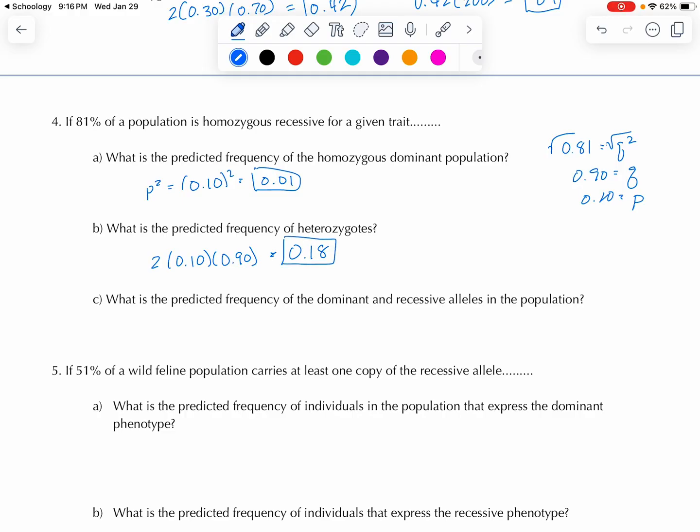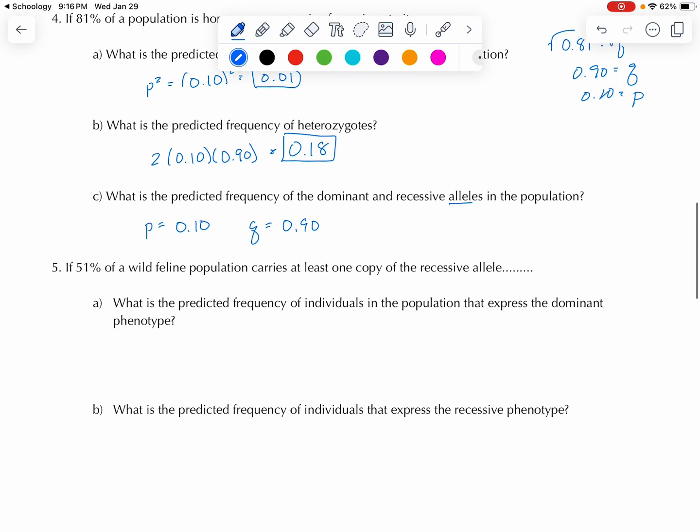And then what's the predicted frequency of the dominant and recessive alleles in the population? So dominant and recessive alleles is just letter. So kind of weird to ask that at the end, but it basically is just asking you for P and Q, which you kind of already had to know to be able to do the rest of it. So kind of weird order there, but P equals 0.10, Q equals 0.90.